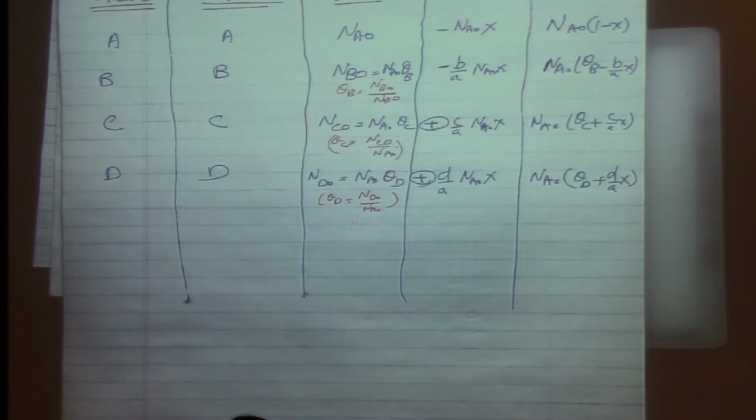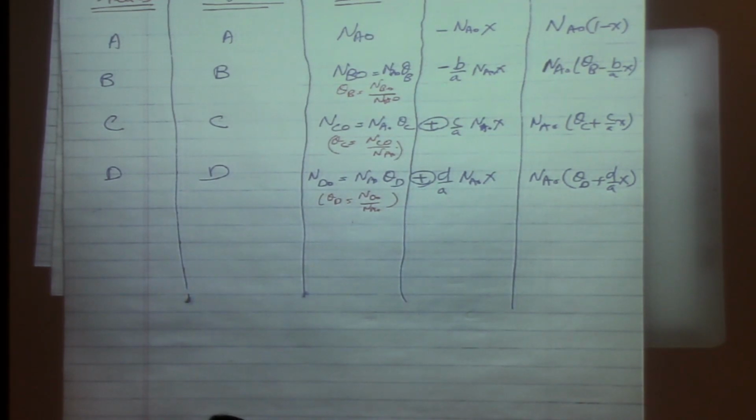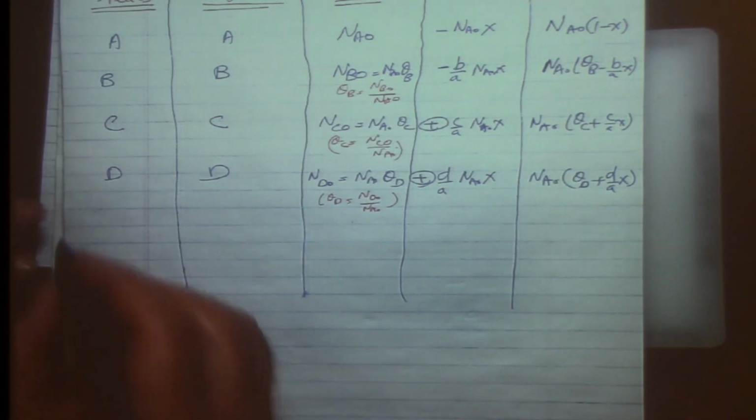So you have to very carefully take care of this I. What this I does is it changes the mole fraction. So you need to take it into consideration, although it's not taking part in the reactions. Okay, so I will write that one is inert.